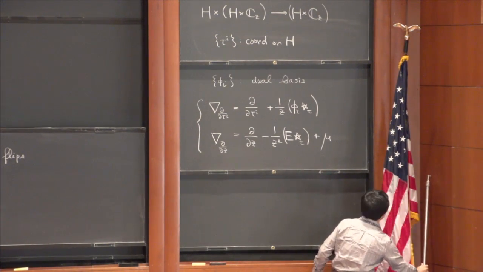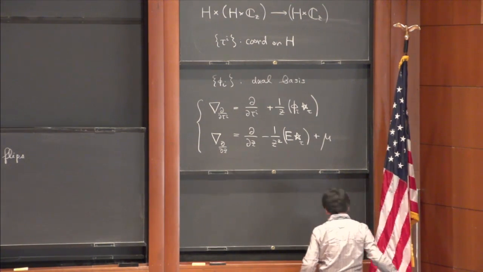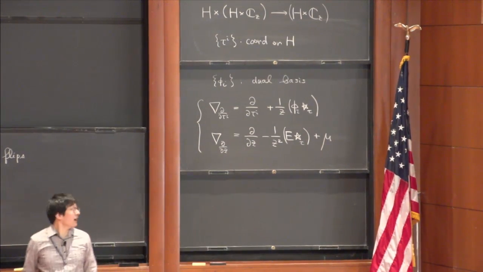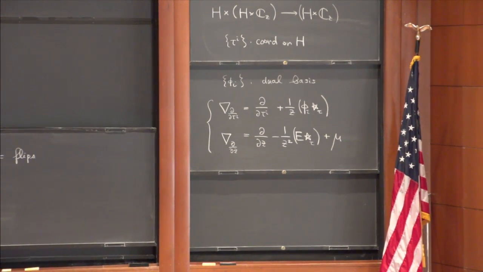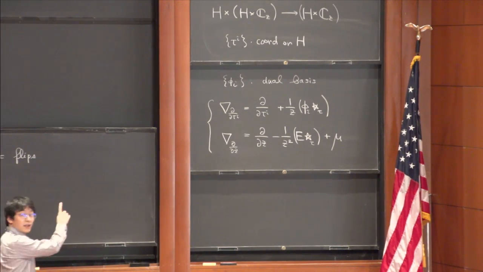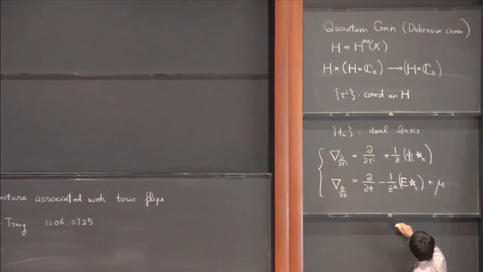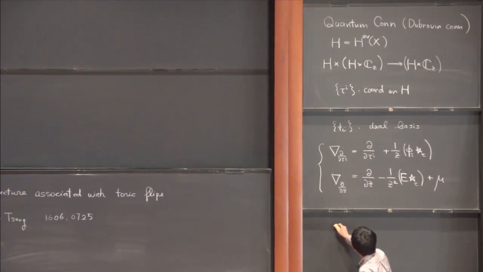This is a flat connection on the trivial vector bundle over H times C star, where z is a coordinate on the C plane. Here E is the Euler vector field.